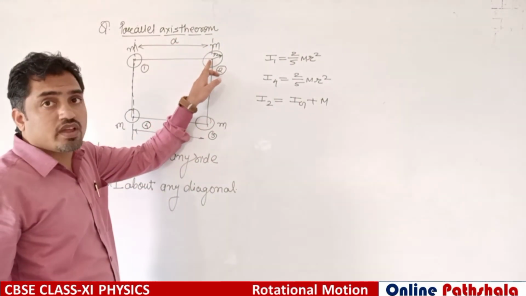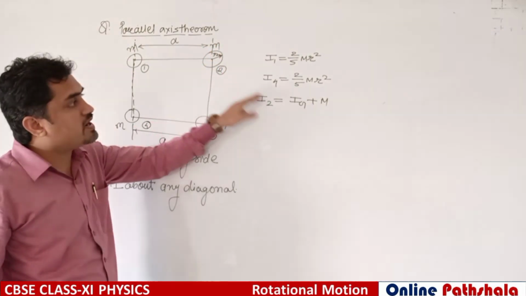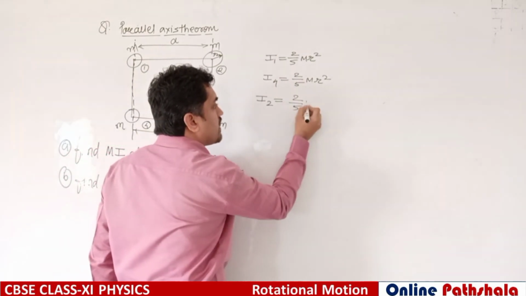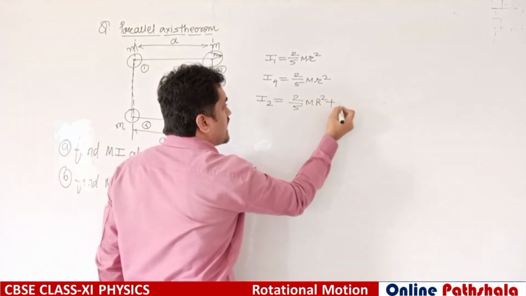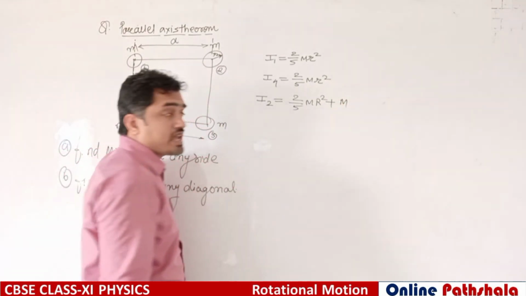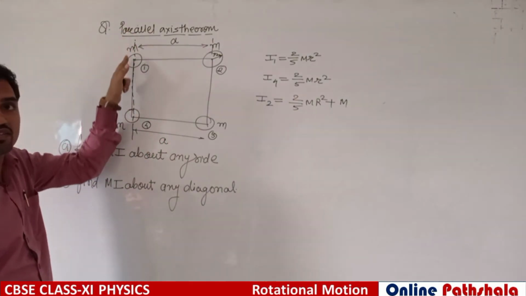This is the center of ball 2, and for any axis passing through the center, the moment of inertia is 2 by 5 mr square. So we can write 2 by 5 mr square plus mh square. So it is m. And what is h? In this case, we have to find the moment of inertia about this side.